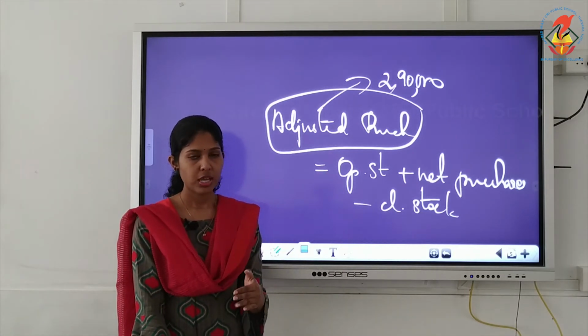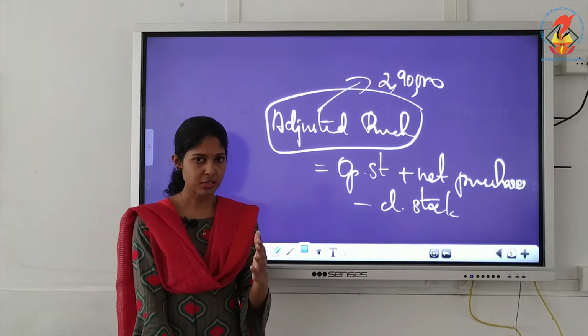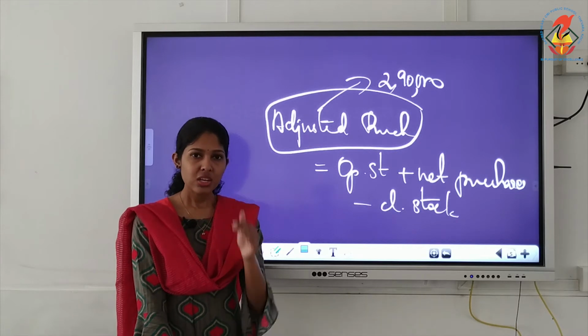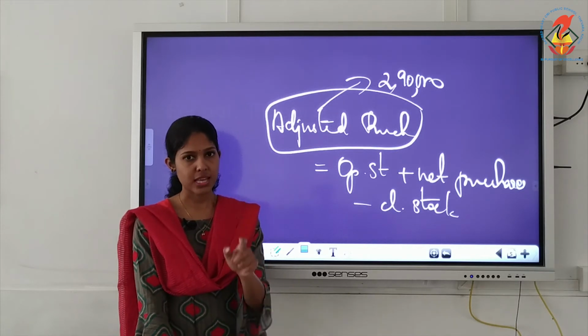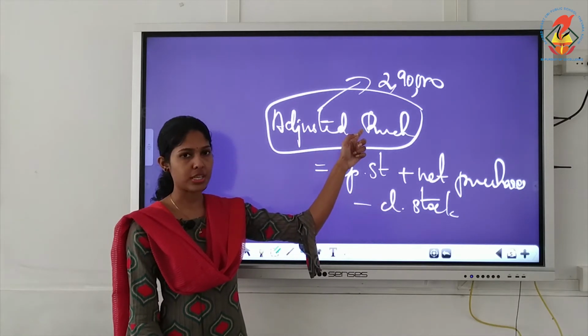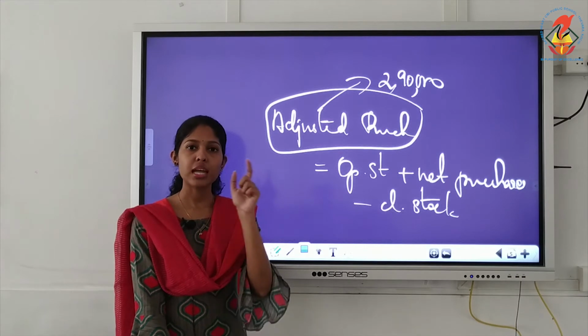And in these types of questions, when you see adjusted purchases inside the trial balance, closing stock will appear inside the trial balance. Since closing stock is adjusted here already, it will not be given as an adjustment. It will come inside the trial balance.